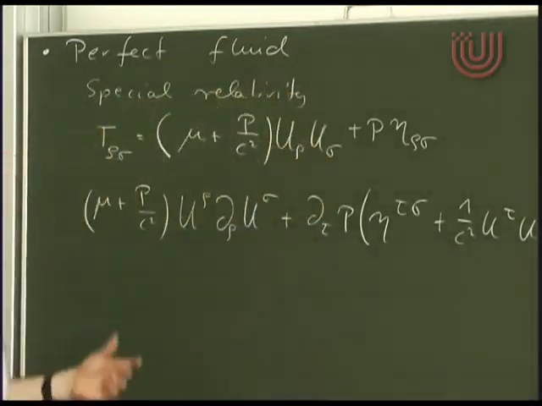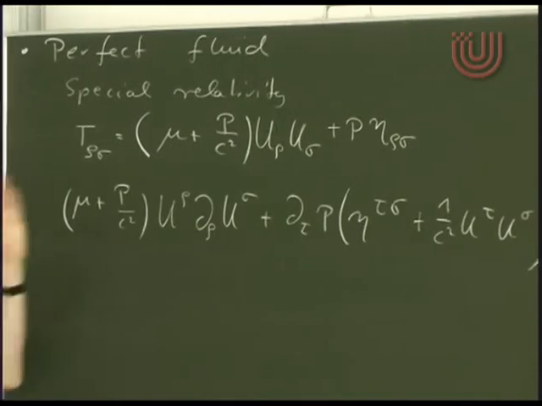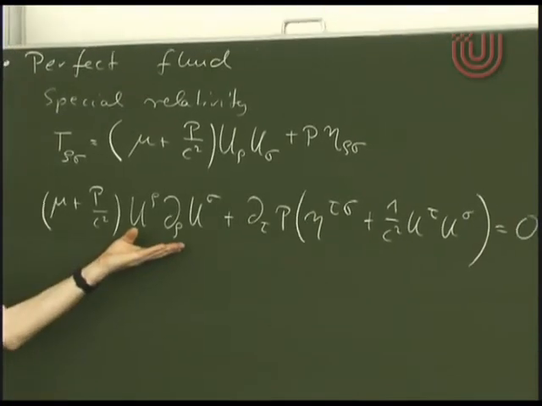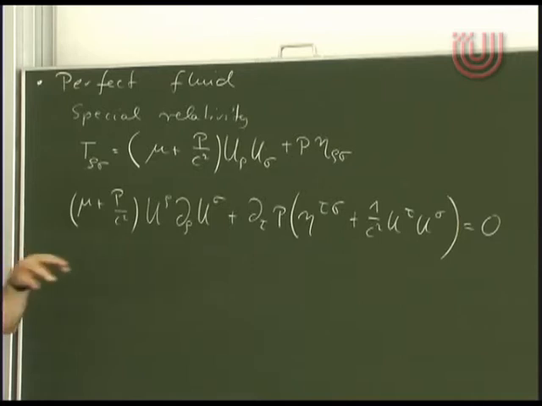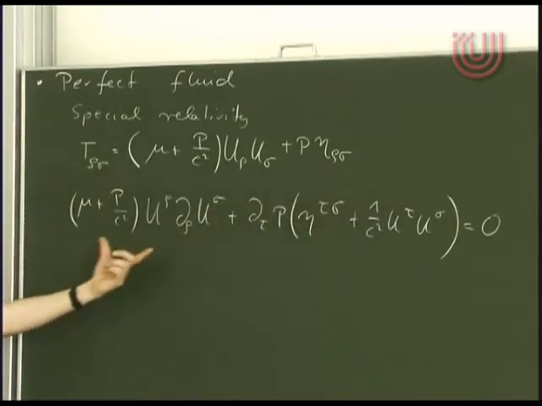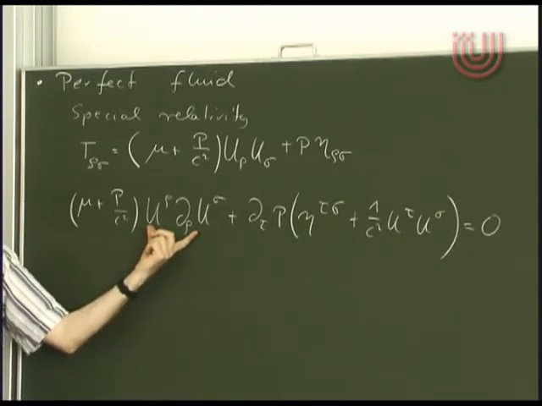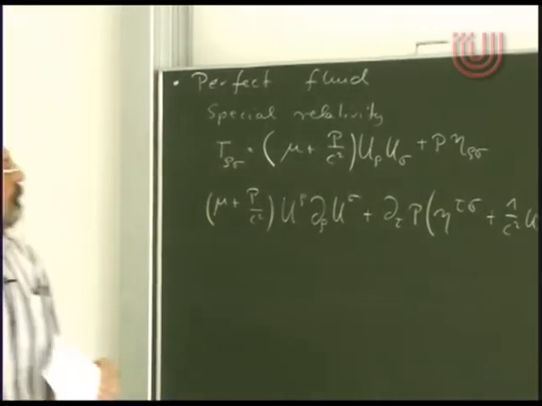So that's a first order differential equation for the 4 velocity. The 4 velocity is a tangent to the curves, so it's a second order equation for the curves, for the flow lines of the fluid. And if the pressure is 0, this term is not there, and this is also simpler. Then the equation simply says that this expression must be 0. And that's the equation that the flow lines must be straight lines. That's what we discussed a couple of weeks ago.